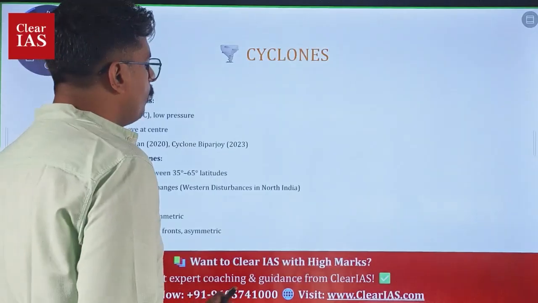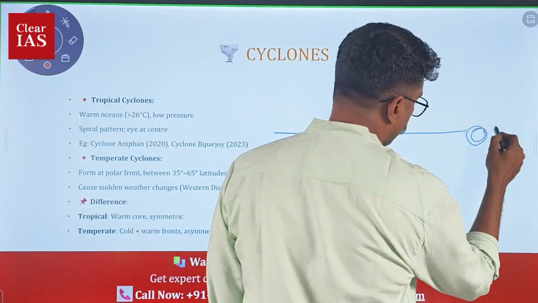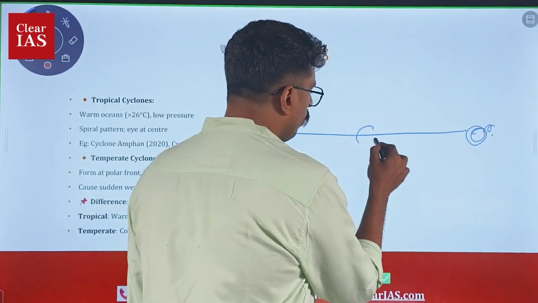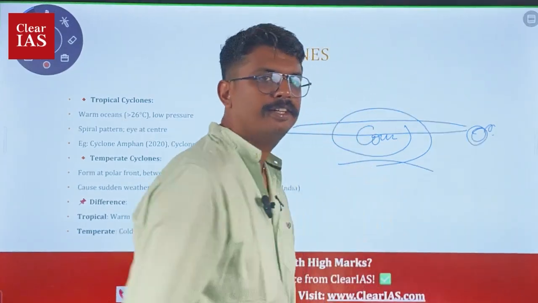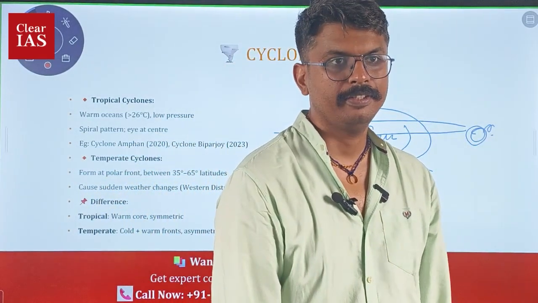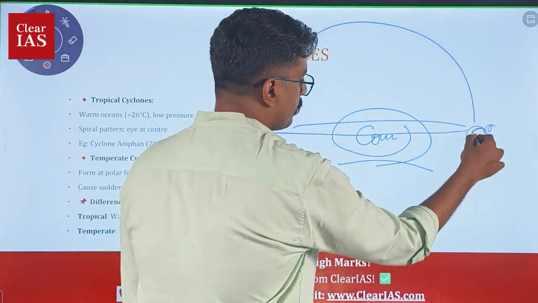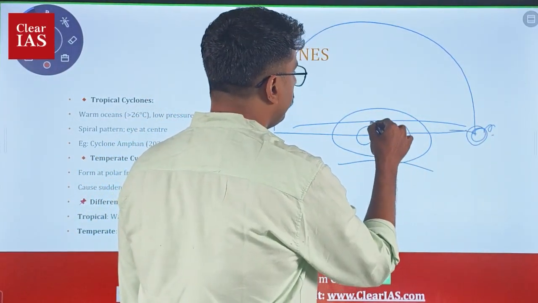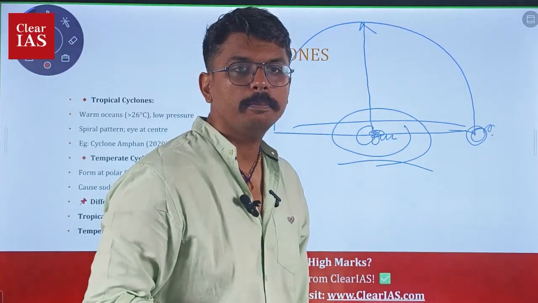So, one reason why you don't see tropical cyclones or temperate cyclones at 0 degree is that the Coriolis force is absent at the equator. The Coriolis force is 0 at the equator, and it increases as we move from the equator towards the poles.